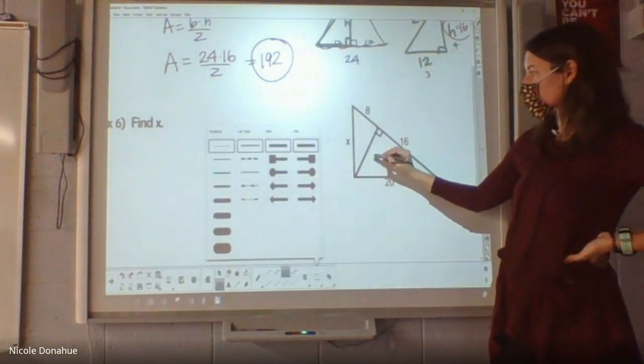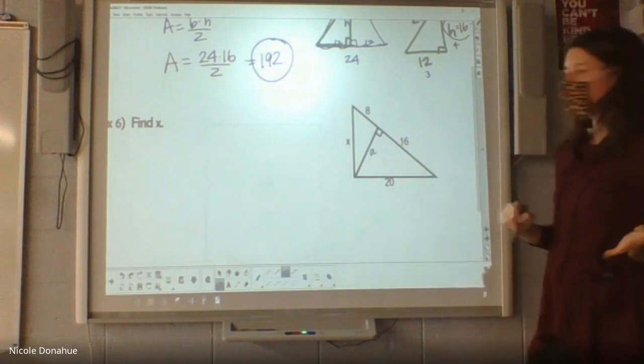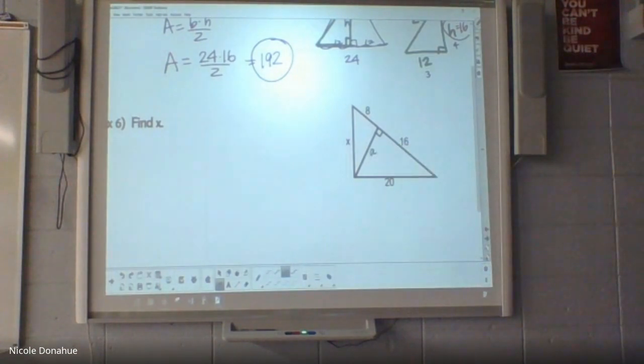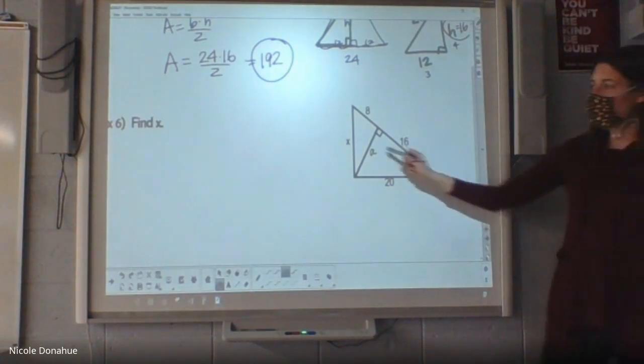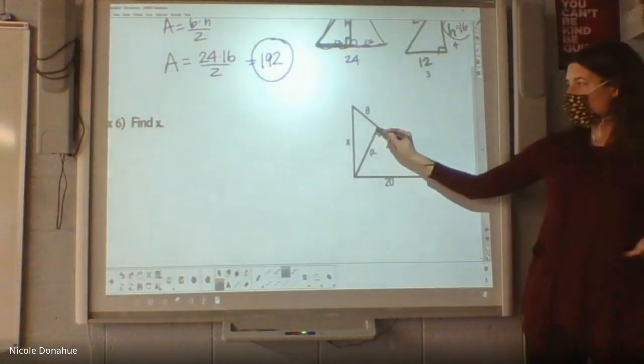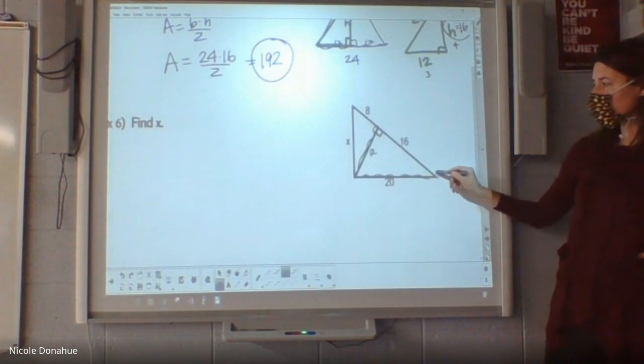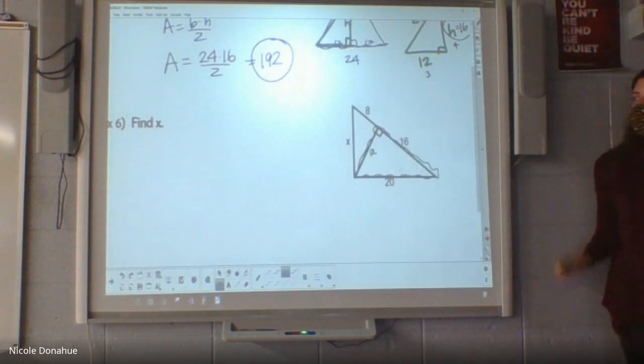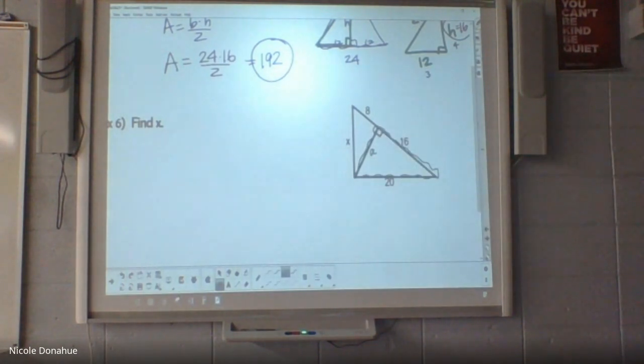Yeah, it's like this little distance here. I'll just call it a little a, like maybe an altitude. So that little a, we have to find that distance because then that'll allow us to find x. So we have to solve this triangle first and then be able to use that to find our x value.